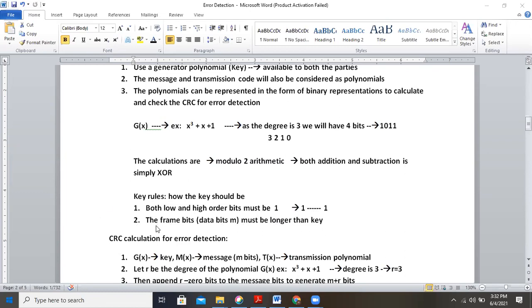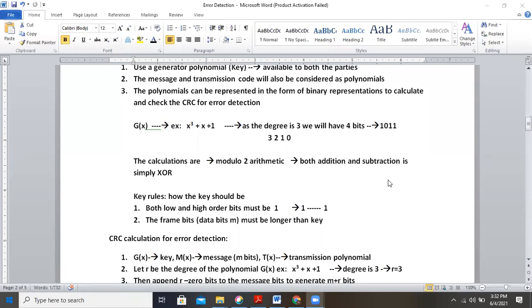The second one concerns the data bits: you should not choose a key longer than the message. If I have 10 characters in the message and I choose 12 characters for the key, it is not right.